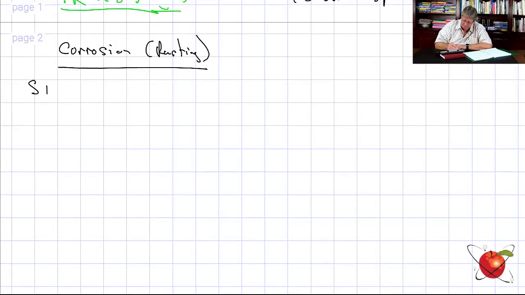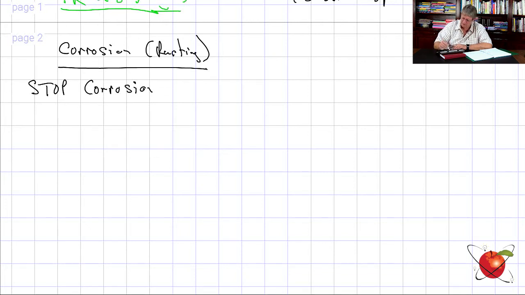Now, under this situation, we want to stop the corrosion. What can we do? We want to make sure that we've got this reaction, Fe solid going to Fe2+ plus 2 electrons.